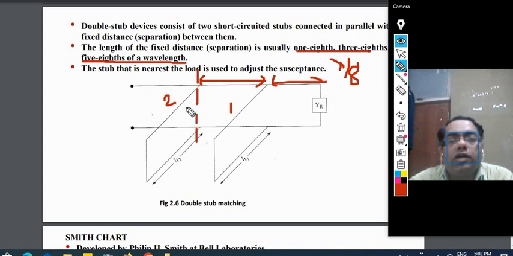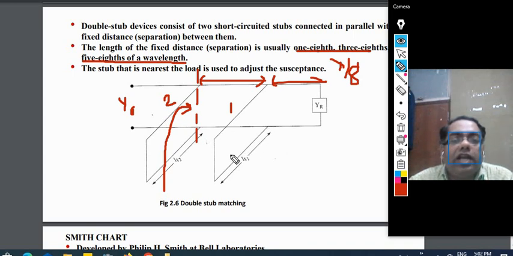this is the load end, so if the characteristic admittance of this stub is y0, then the input admittance after connecting both the stubs. Suppose we do not connect this second stub, only the first stub is connected.